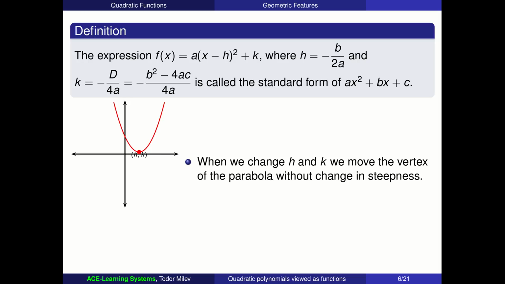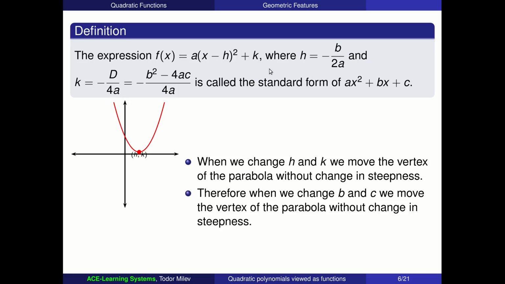So if I change the number b and the number c in the expression ax squared plus bx plus c, I do not change the steepness. So the steepness of a parabola depends entirely on the leading coefficient a.